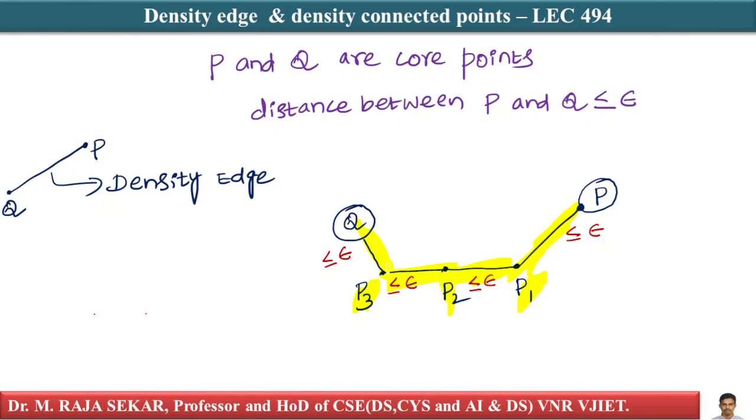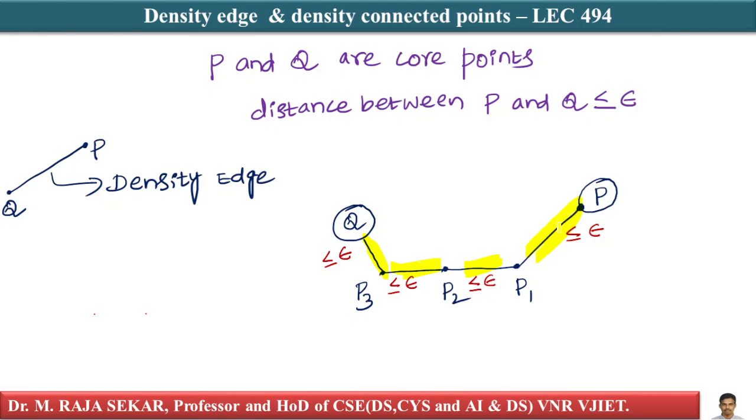For these density edges to be present between P and Q, P1 has to be a core point, P2 has to be a core point, and P3 has to be a core point. If there exists a path between P and Q, all the edges present in between P and Q must be density edges.